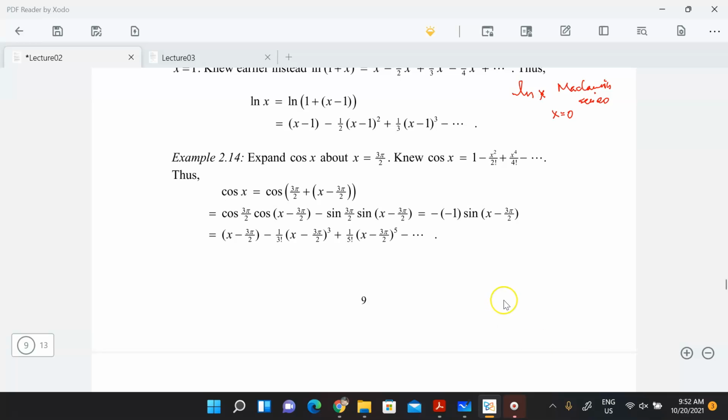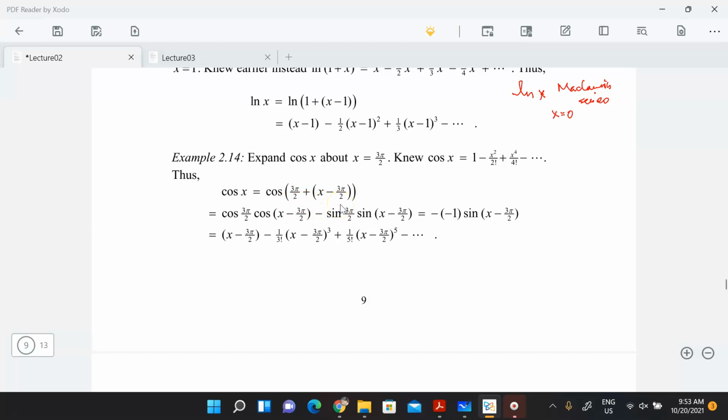You need to convert it in terms of the expansion about the point x equals 3 pi over 2. So I put x minus 3 pi over 2, but then you get a different function there. So I need to add 3 pi over 2 so that it cancels off this 3 pi over 2. So I have that instead.